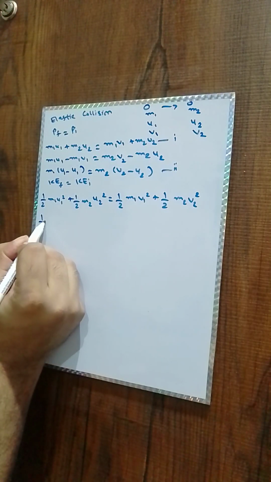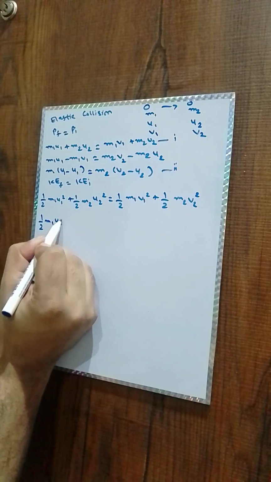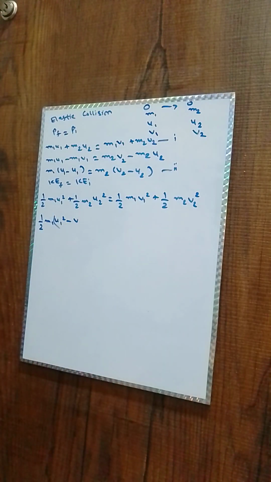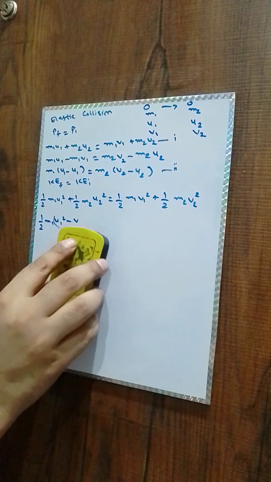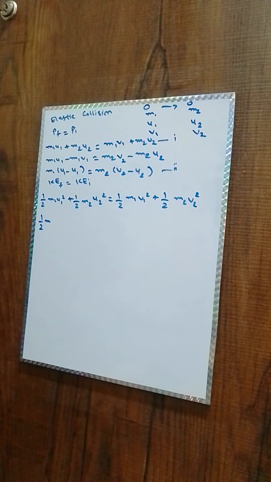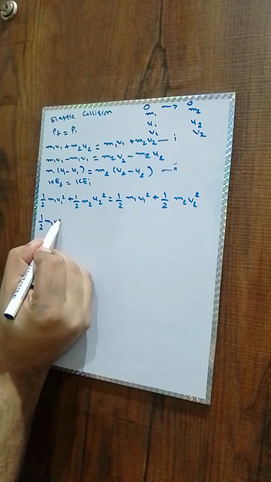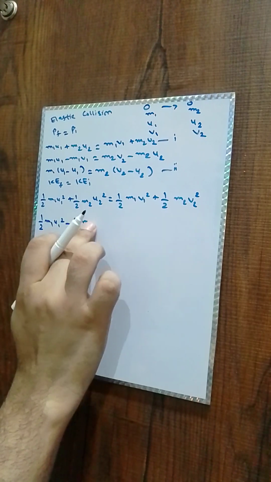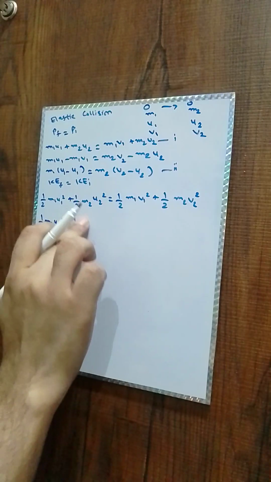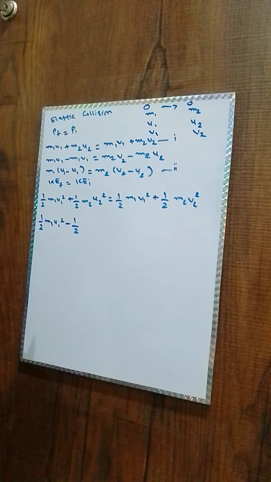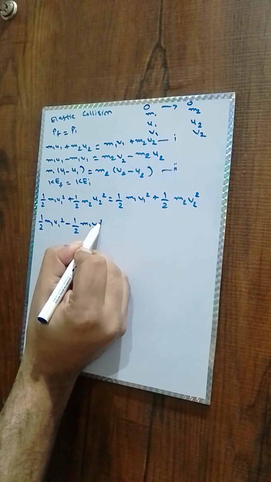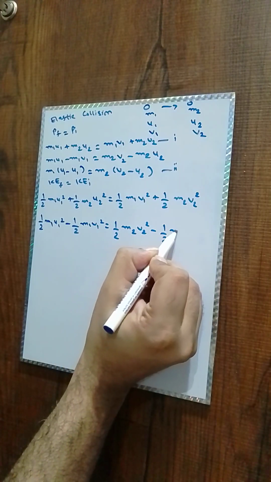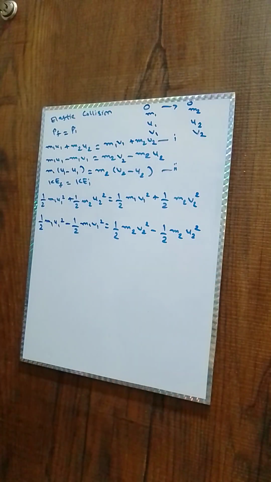We rearrange: 1 by 2 m1 u1 square minus 1 by 2 m1 v1 square is equal to 1 by 2 m2 v2 square minus 1 by 2 m2 u2 square.